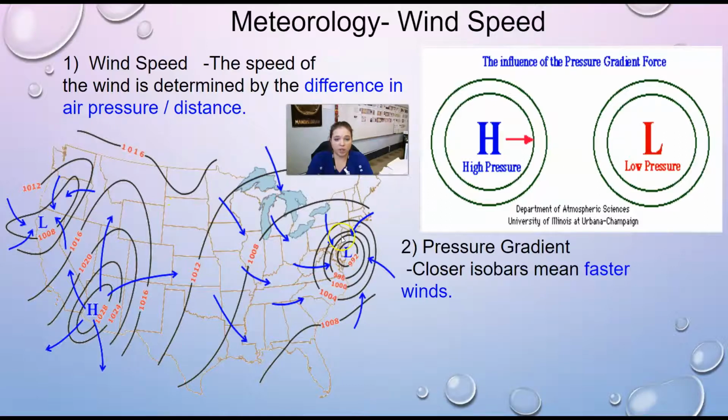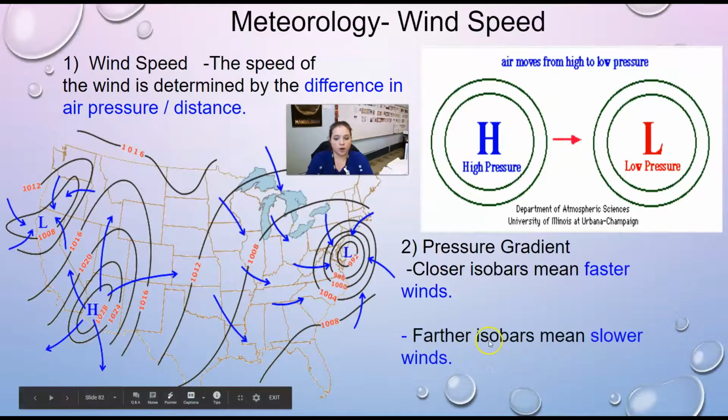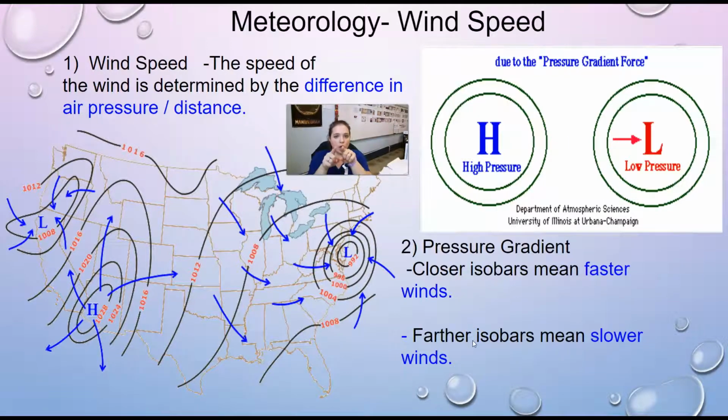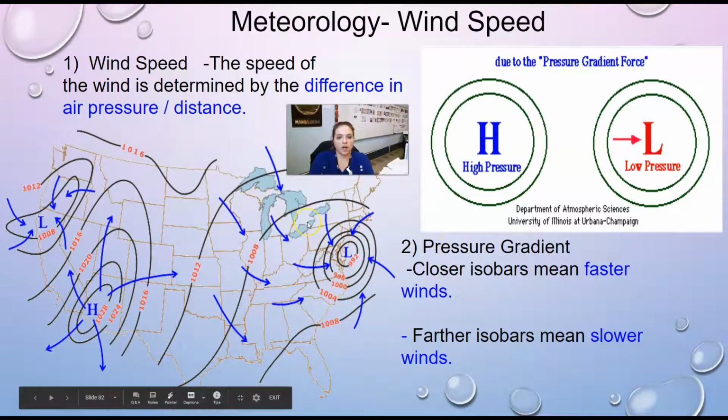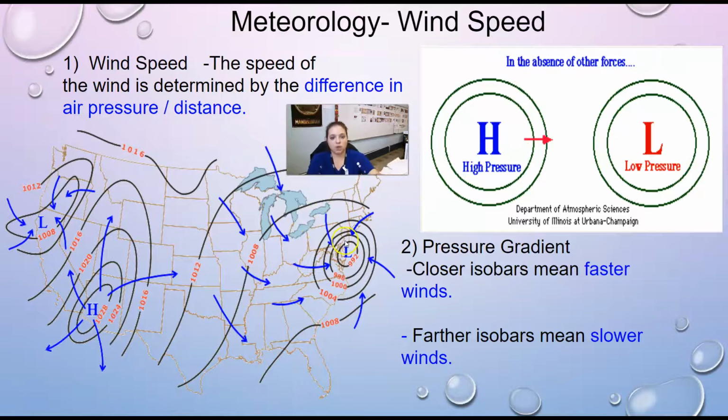That means it's really blowing right here and really calm right there. The farther the isobars, the slower the wind. Remember, the closer they are with contour lines, the steeper it is; the farther apart, the lower it is. Closer, faster; farther, slower.